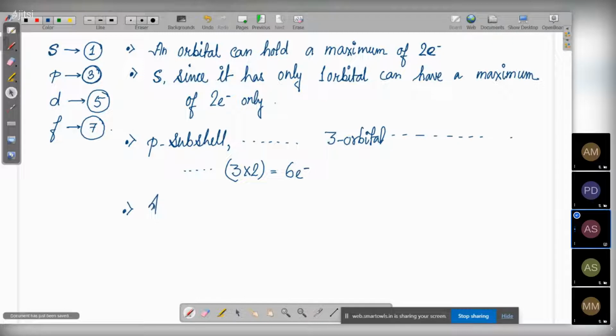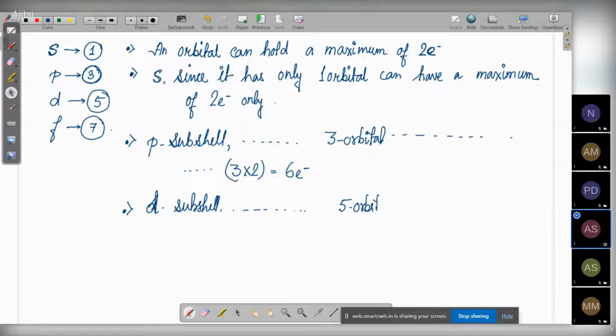Then for the d subshell, as it has 5 orbitals, it can have a maximum of 5 into 2, that is equal to 10 electrons.